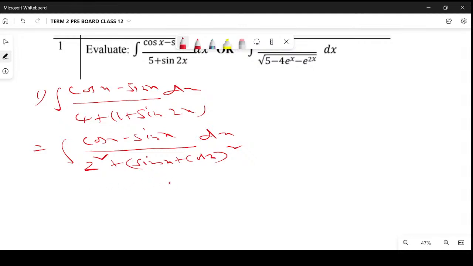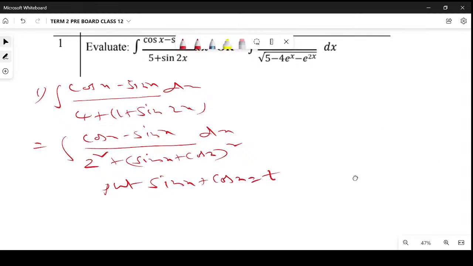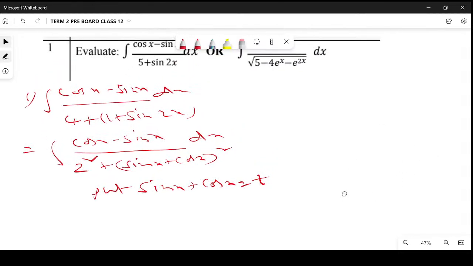Now consider the substitution: put sin x plus cos x equal to t.